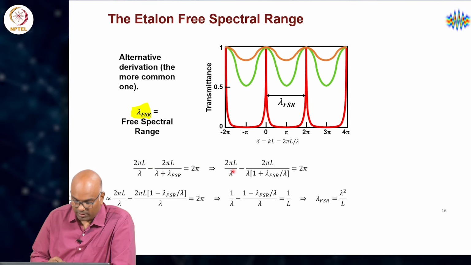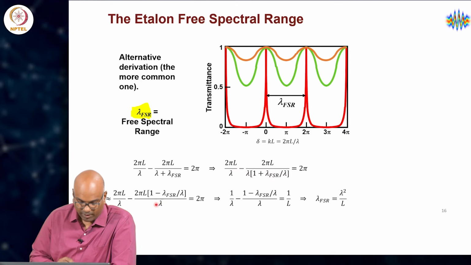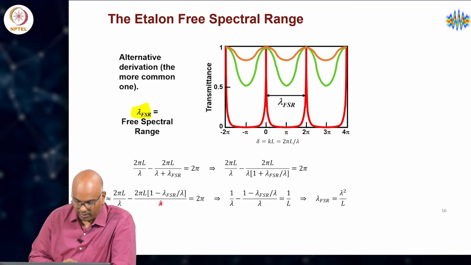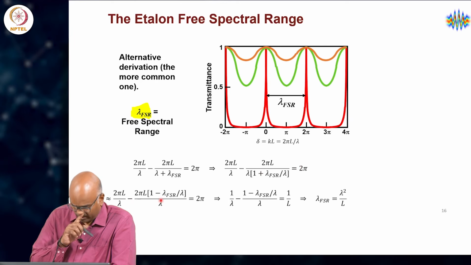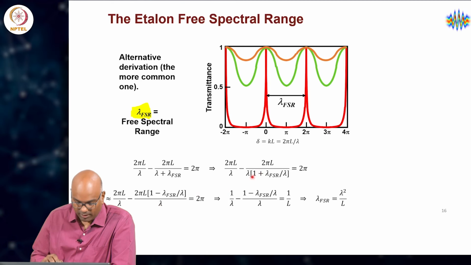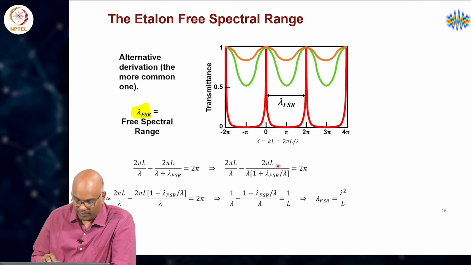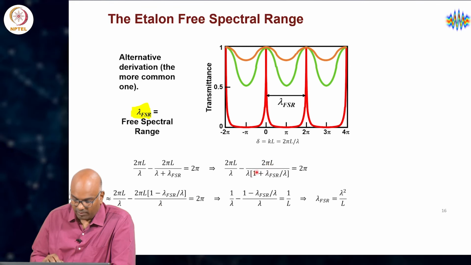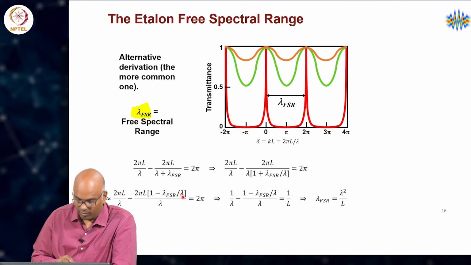So, take this up and do a bit of math, take lambda common out, and then we can write the same equation by using a bit of Taylor expansion. Take this bottom term and take the first order Taylor term, that becomes a multiplication of 2 pi over lambda times 1 minus lambda FSR by lambda in the numerator.